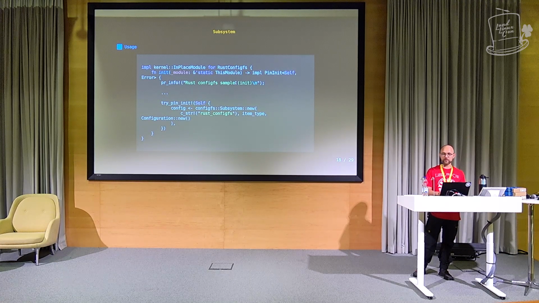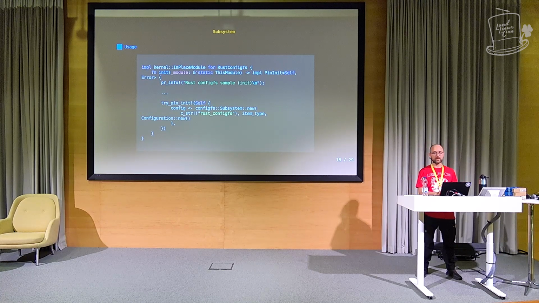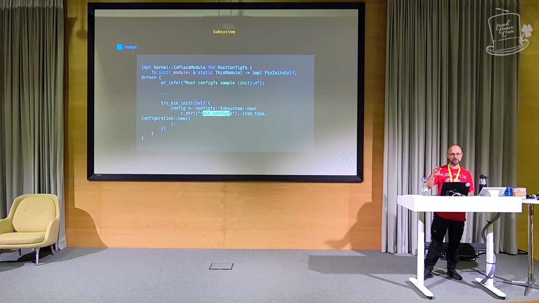And so what we do is say hello, and then we try to initialize the type Self, which is the type that we implemented on. We construct a subsystem here. We say our name should be Rust Configfs. This is from the samples folder.